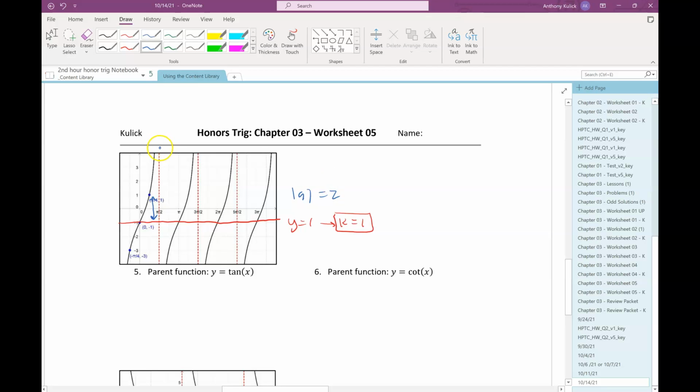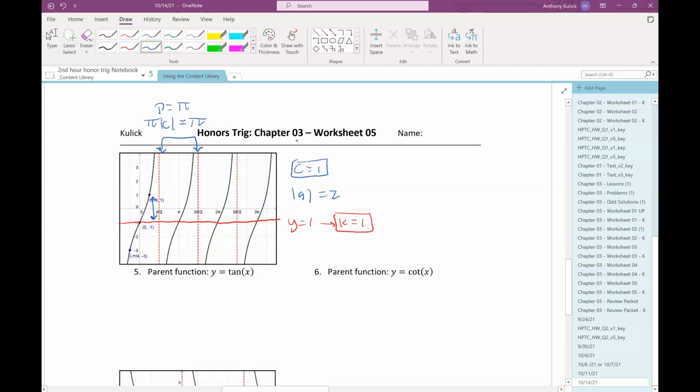My period is just the distance between the two asymptotes. So that goes from 1/2 of pi to 1.5 pi, so the period is just pi. And I know that for tangent, the period is pi times c, not 2 pi. So I just get that c is 1 then. Good with that?